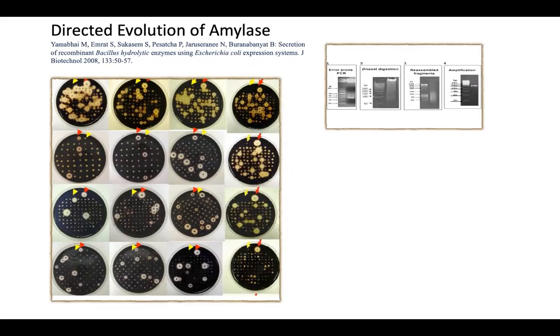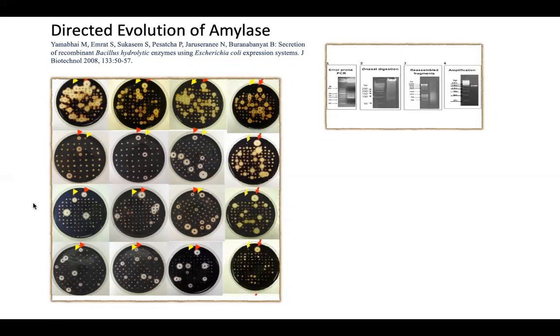So in this case, I would put the genes that produce the amylase enzyme into E. coli. And if E. coli can secrete the enzyme out, it will have a clear zone. These clear zones mean that the enzyme can degrade starch. And if you remember, starch can be stained with iodine and it becomes black, okay?